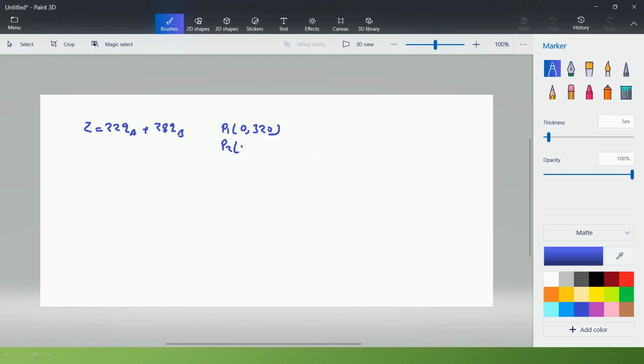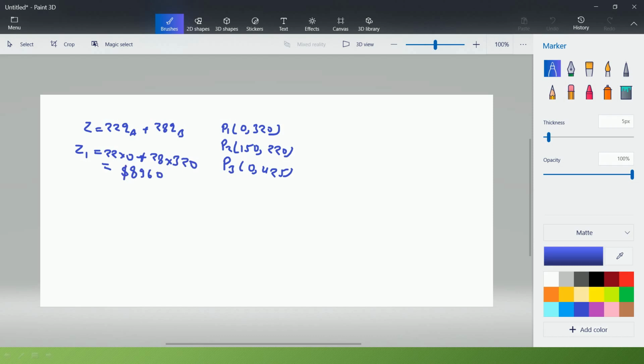P2 is 150, 220. P3 is 425, 0. So Z at point 1 will be 22 multiplied by 0 plus 28 multiplied by 320. So this will be $8960.